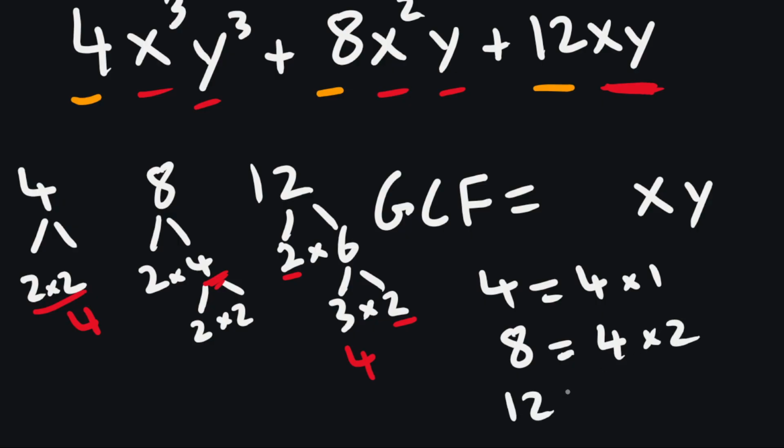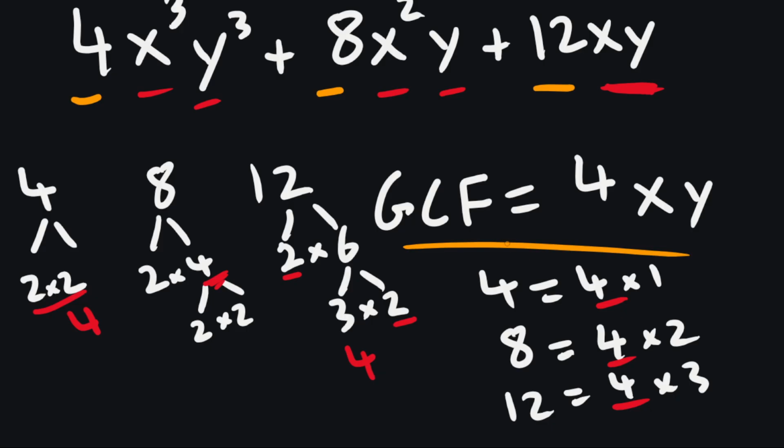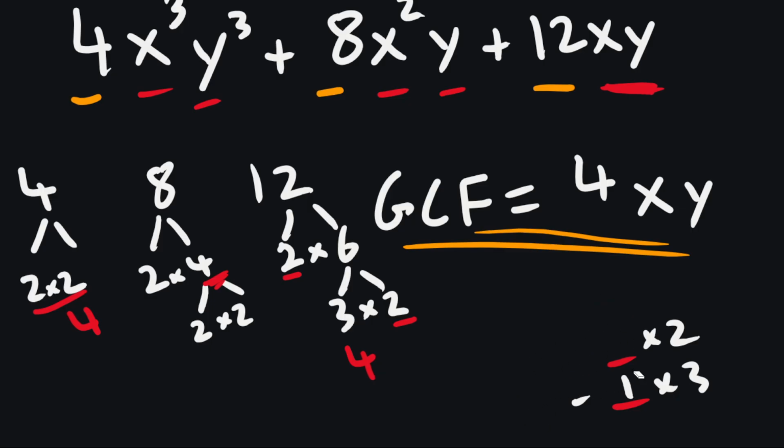And 12 is the same as 4 times 3. So they all share a factor of 4. So that is something we can include in our greatest common factor. So our greatest common factor would be 4xy. So let's go ahead and factor that out, the 4xy.